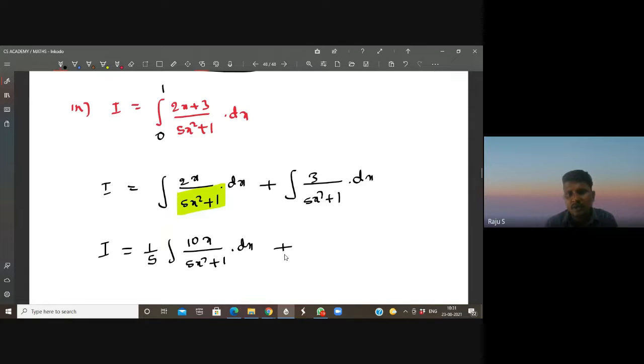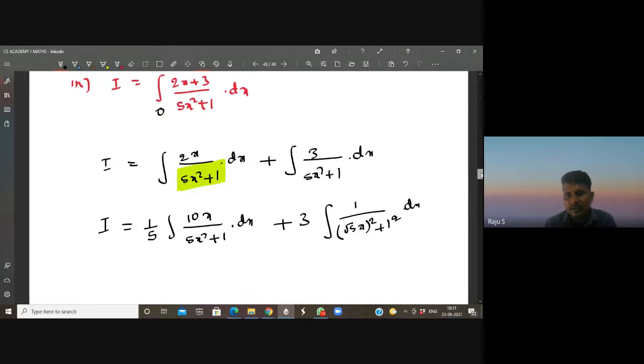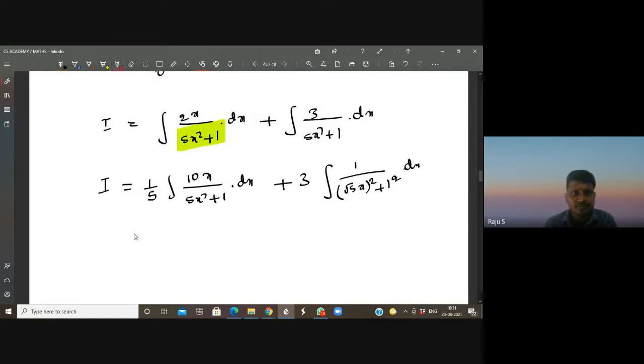Now here 3 is a constant. You can take it outside. Then 1 by, shall I write here 5x square as root 5 into x the whole square plus 1 as 1 square into dx. See, actually, you may take it like this in NCERT to write more steps: I1, I2. You can take I1 as the first integral and I2 as the second integral.